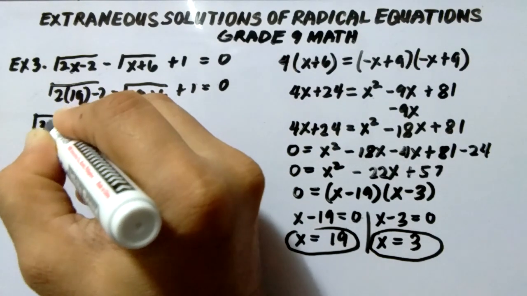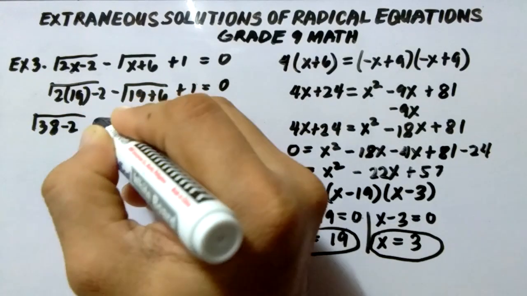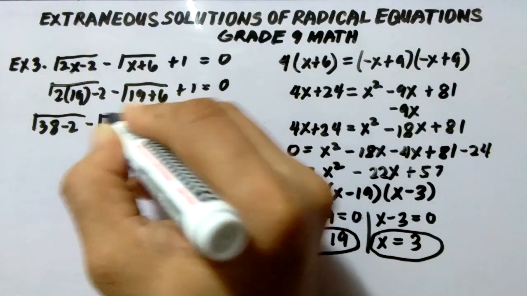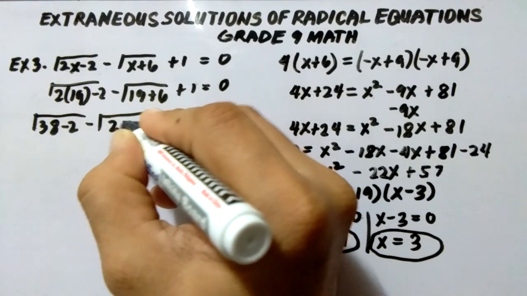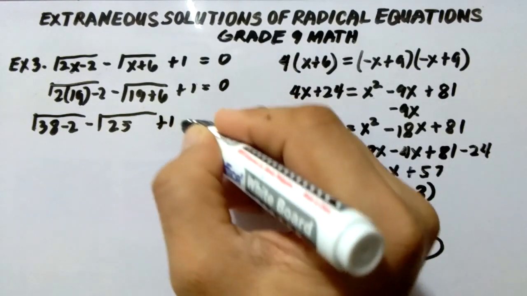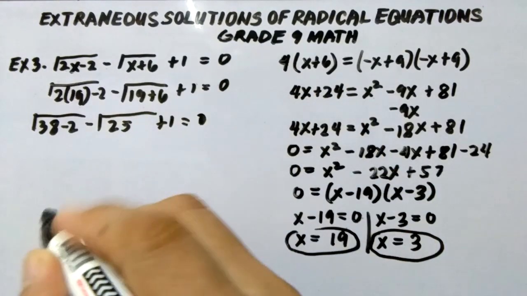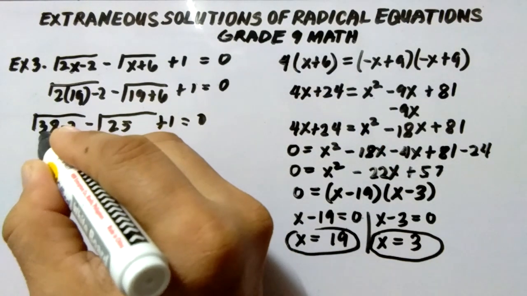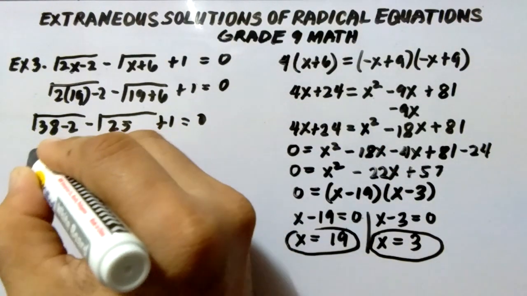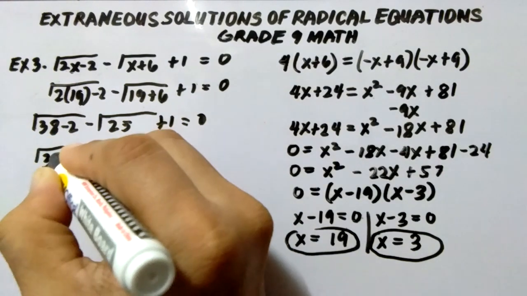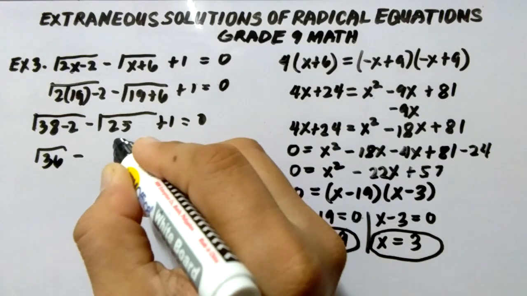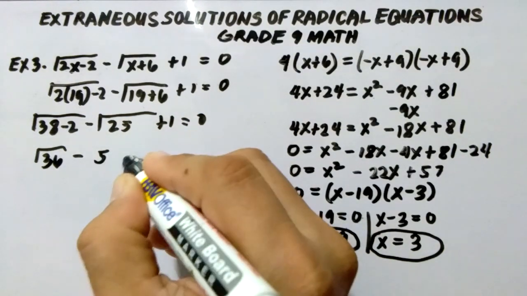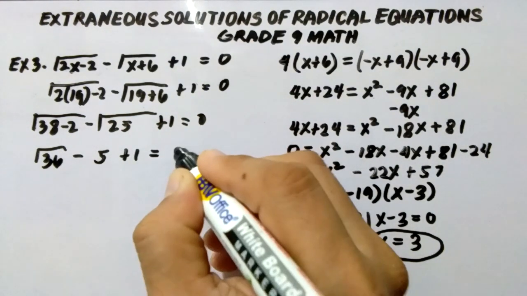So we have 38 minus 2 minus square root of 19 plus 6. That is 25. Plus 1 is equals to 0. So 38 minus 2, that is 36. Square root of 36 minus, okay, so square root of 25, that is 5. Plus 1 is equals to 0.